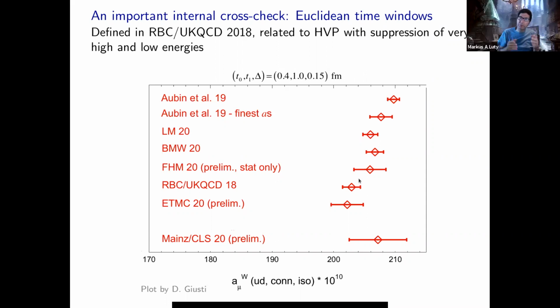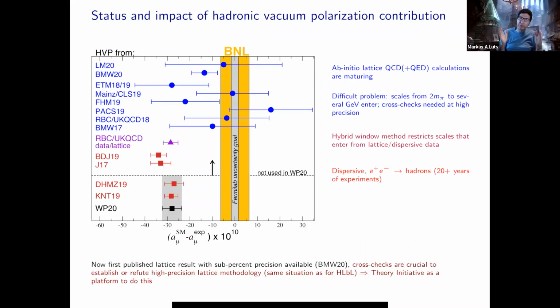Can I ask? From your previous slide, it looked like if you didn't use the data, you had this huge error bar. So if the only difference between that much bigger error bar and the one that you're claiming is the use of the data outside this window, right? Is that it? Or is it also, because you also mentioned these extrapolations using the long distance behavior from the excited states. It's really all of that, I guess.